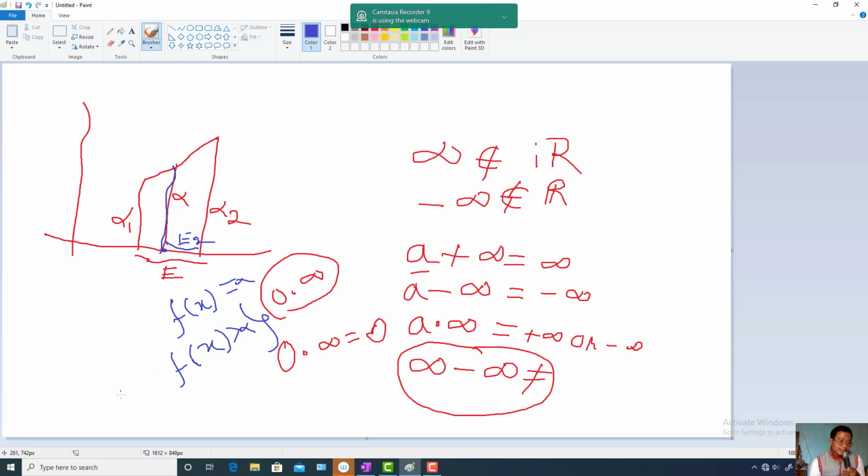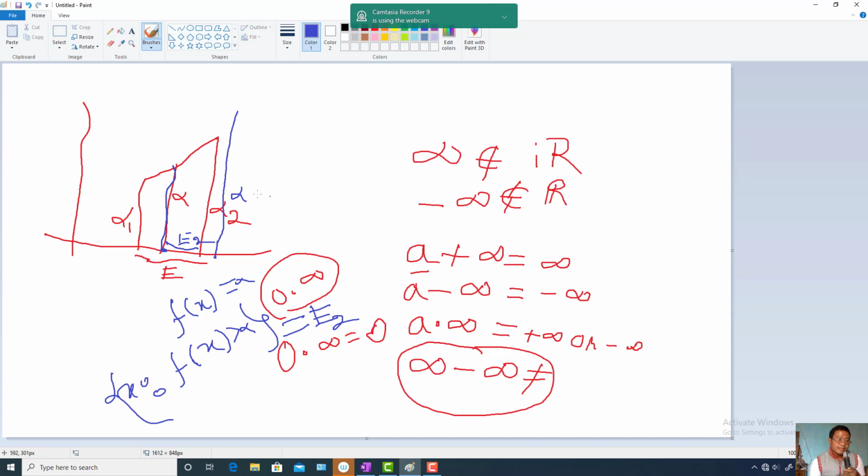The set of x such that f of x is strictly greater than alpha is equal to what? E2. If alpha is this much length, then those points x such that f of x is strictly greater than alpha form your E2.